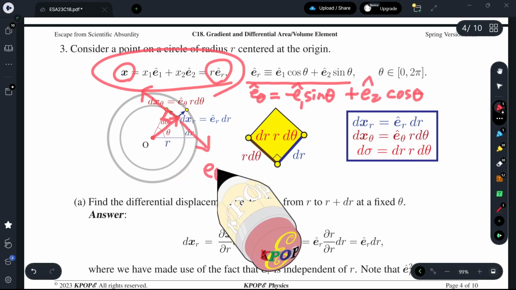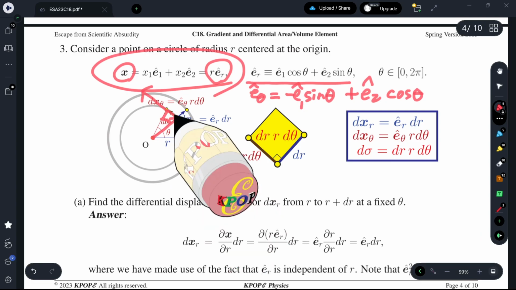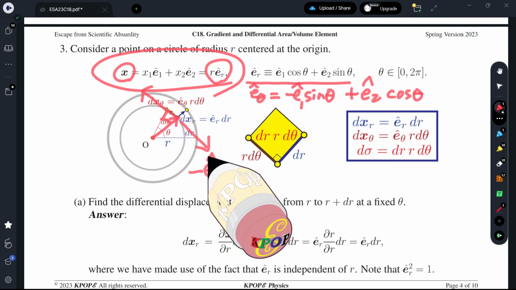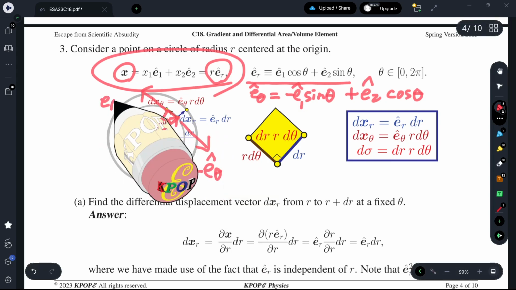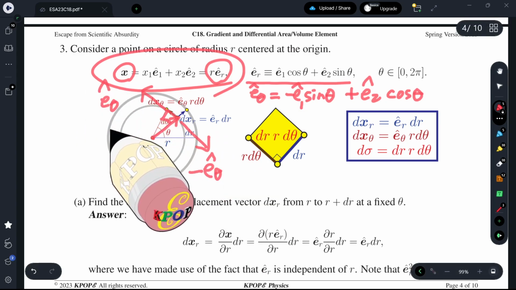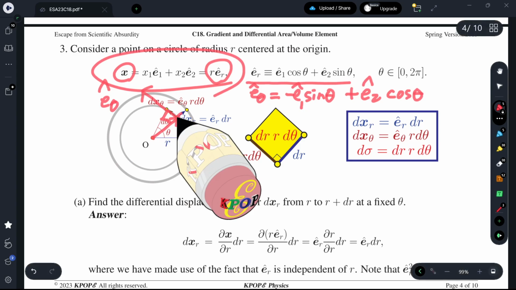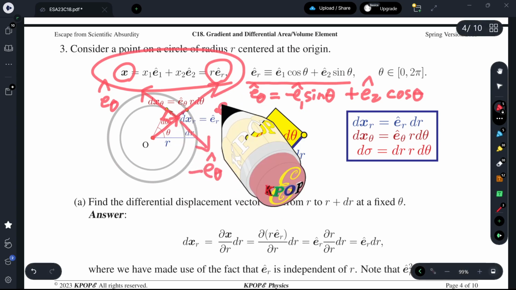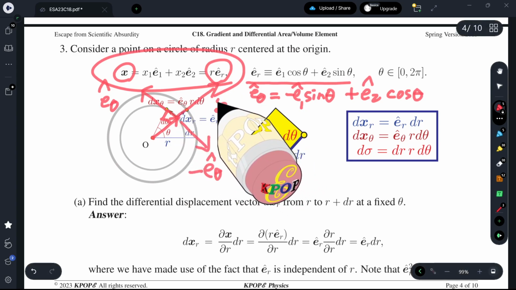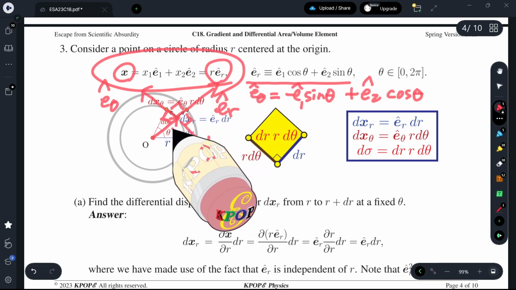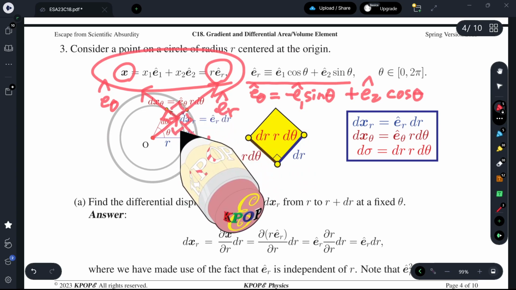This is the direction of e theta minus, the direction of decreasing angle. This is the direction of e theta hat, the direction of increasing angle. And this is the unit radial vector. They are perpendicular to each other.